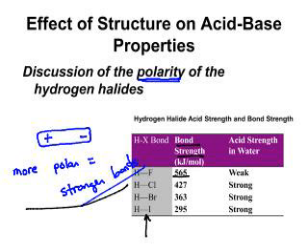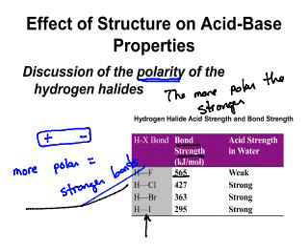An interesting thing that you need to think about is that also the more polar, let's actually write this too, the more polar, the stronger the acid, because there are more chances for it to break apart.